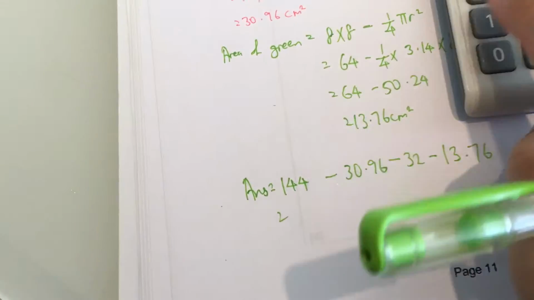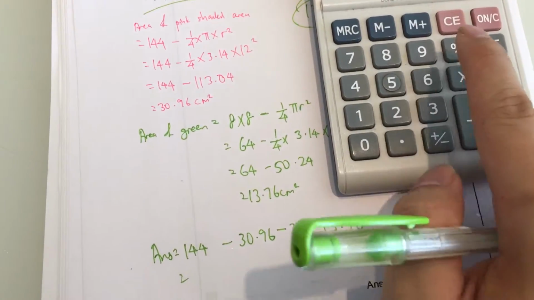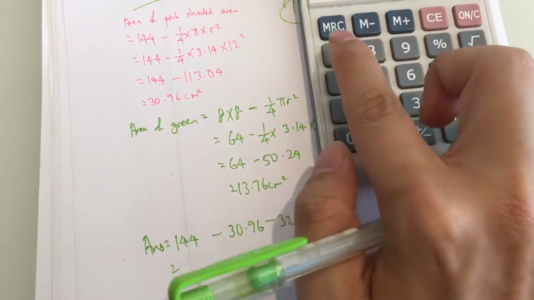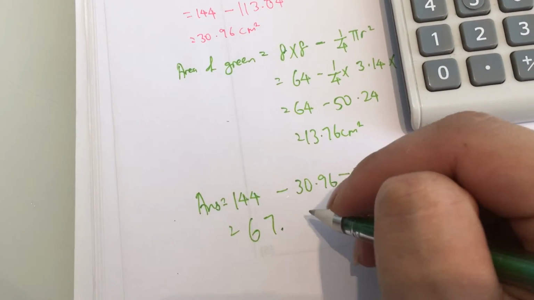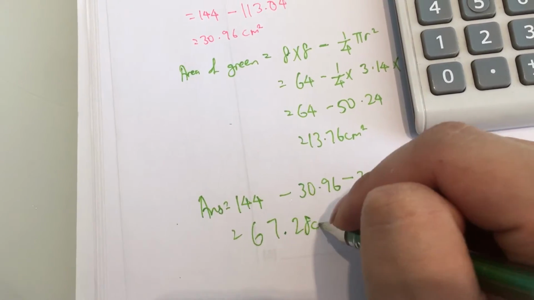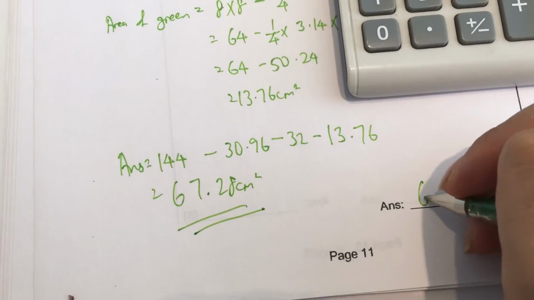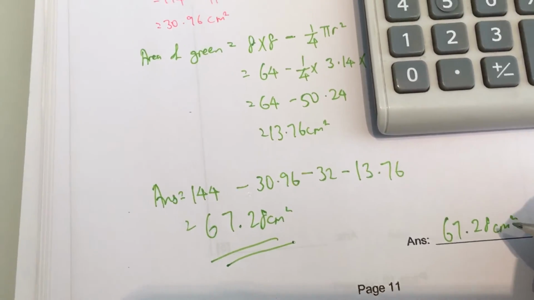So 144 minus 30.96 minus 32 minus 13.76. So this is my answer, 67.28 cm square. Remember to write your units because it's not given.